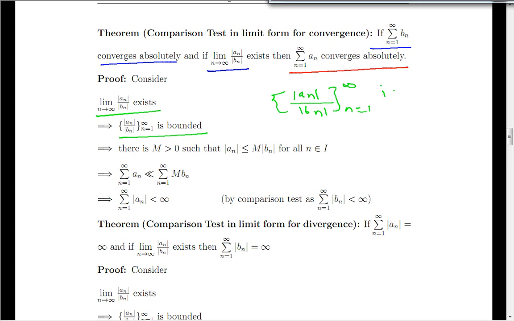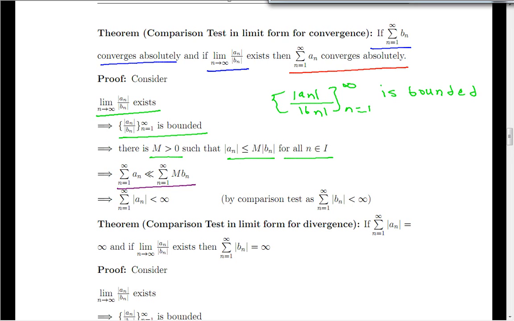As it is bounded, there is M greater than 0 such that |an| upon |bn| is less than or equal to M. That is, |an| is less than or equal to M times |bn| for all n belongs to I.